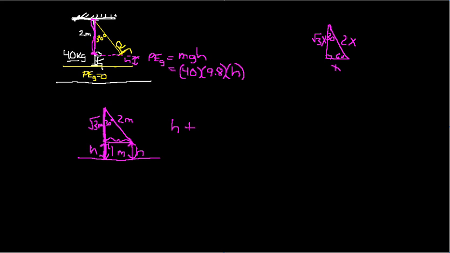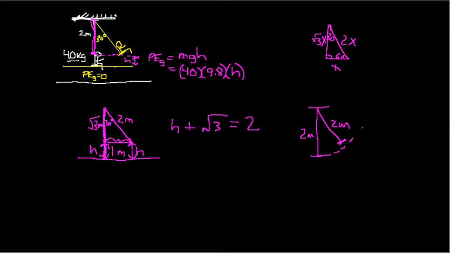The height plus this piece, which in this case is root 3, has to total 2. Let's not get confused. If this is 2 meters, and I swing that 2 meters up, this is still 2 meters, right? I just swung it through an arc.